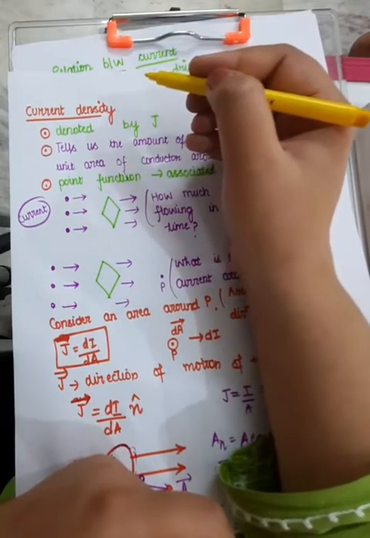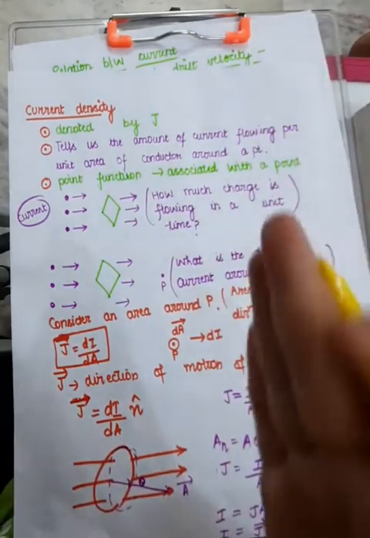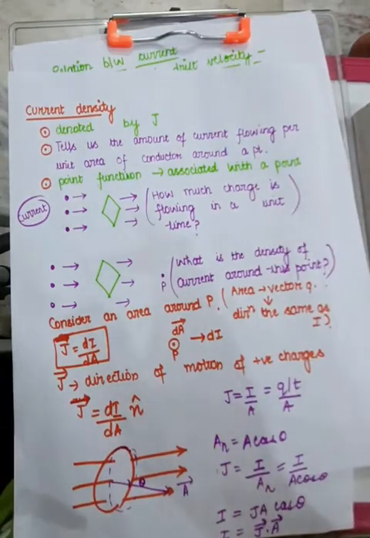Rather, it deals with the area, like how much charge is flowing through a particular area. Okay, and then you need to know that current density is a point function. Point function means it is always defined around a point.